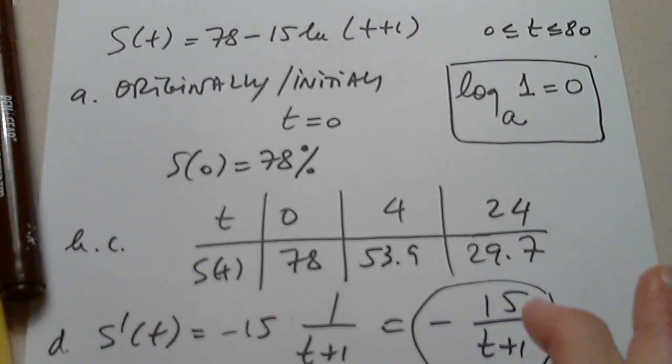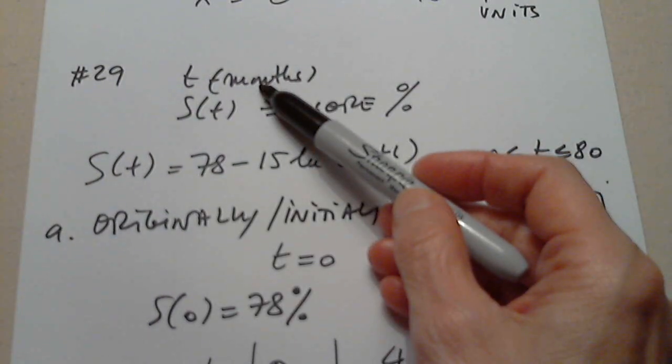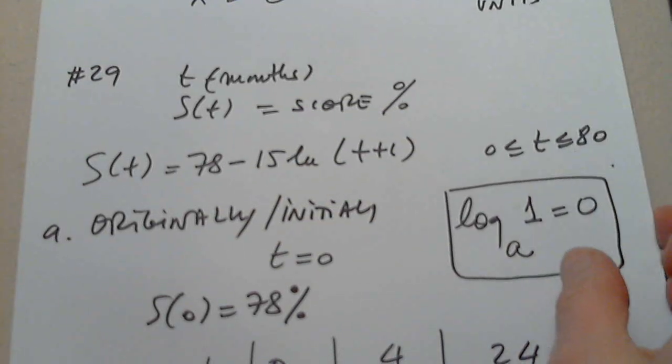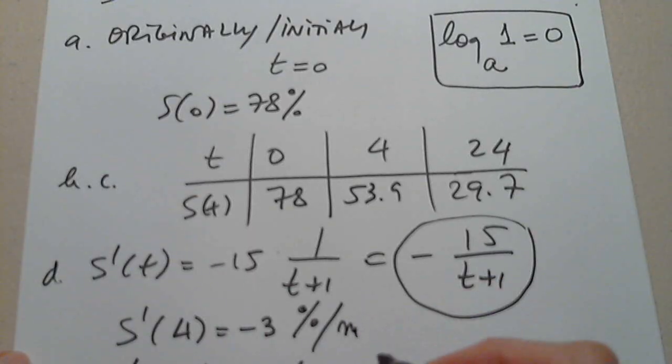The measurement unit is percent per month. The rate of change has units of percent per month.